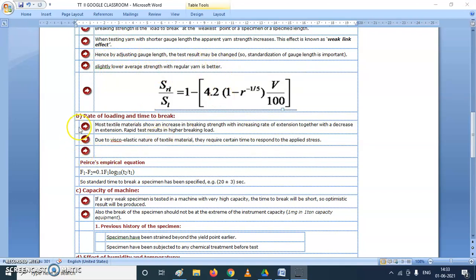Now the second point is rate of loading and time to break. Most textile materials show an increase in breaking strength with increase in rate of extension, together with a decrease in extension. What we are saying here is, we take the same sample of yarn and we test it at 10 millimeter per second of extension, or maybe 200 millimeter per second rate of extension.